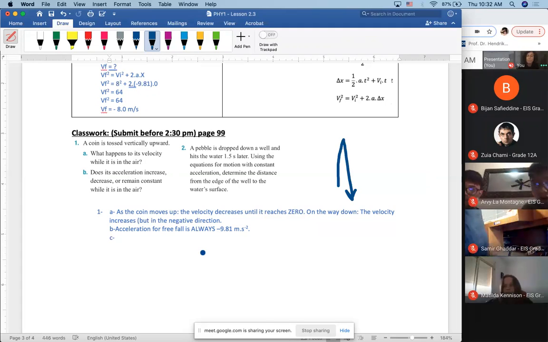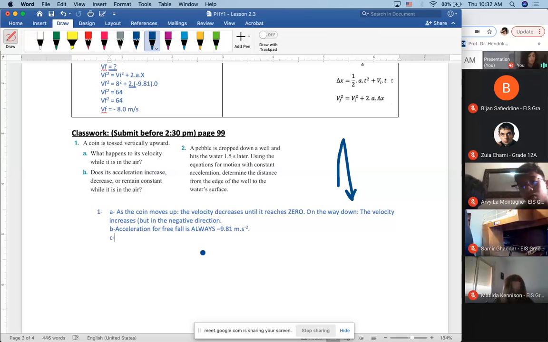Could you repeat? Okay, so I'm saying when you throw something up, it's gonna move up, but gravity is downward. So when gravity is against the motion, it's gonna slow down. Do you understand? Anyway, if you don't get it, I'm gonna repeat it in each question, okay?